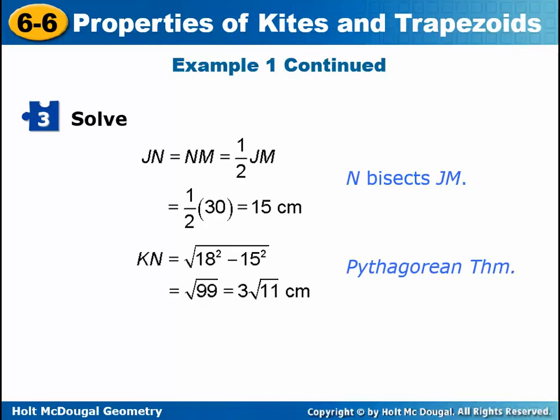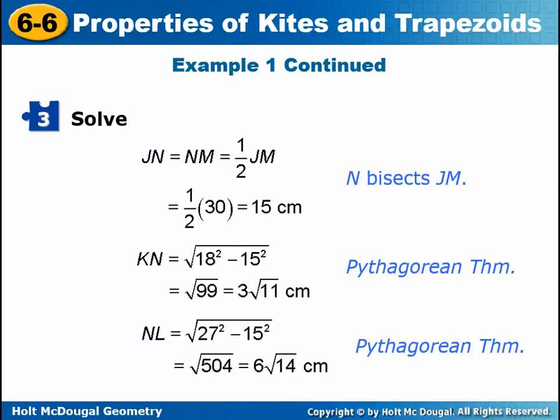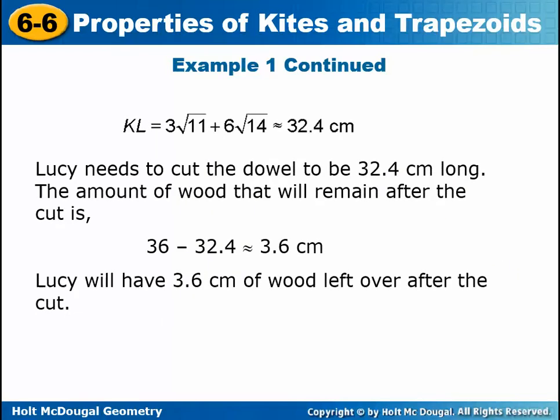All right, so 3 square root of 11 is about, oh, they don't have the decimal version. And then the other one is 6 square root of 14. I kind of need to know what these are as decimals, so they figured that out as 32.4. Now the dowel was given as 36. That's what she had to work with. So then we would just subtract to find how much is left.